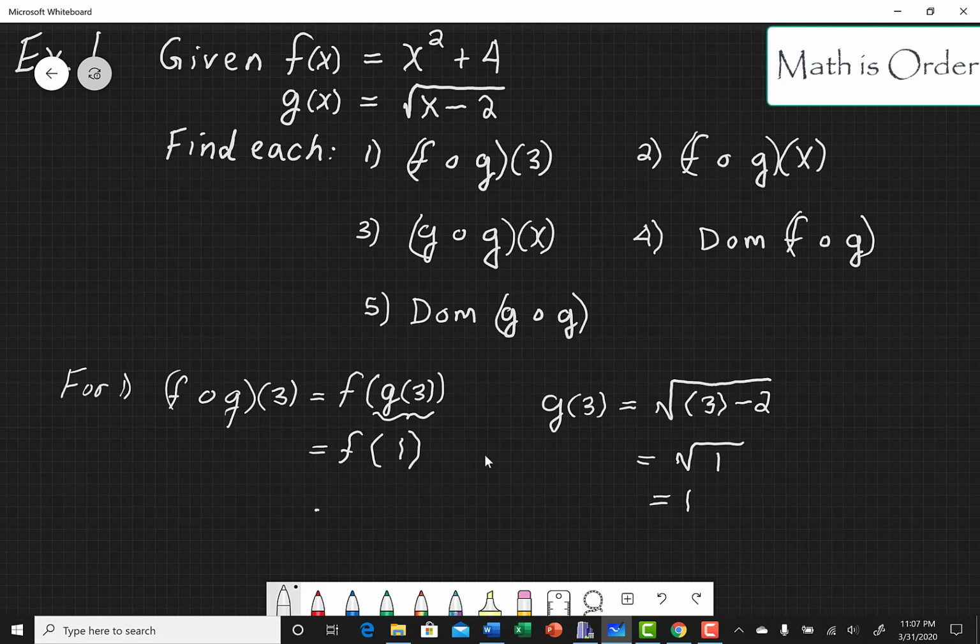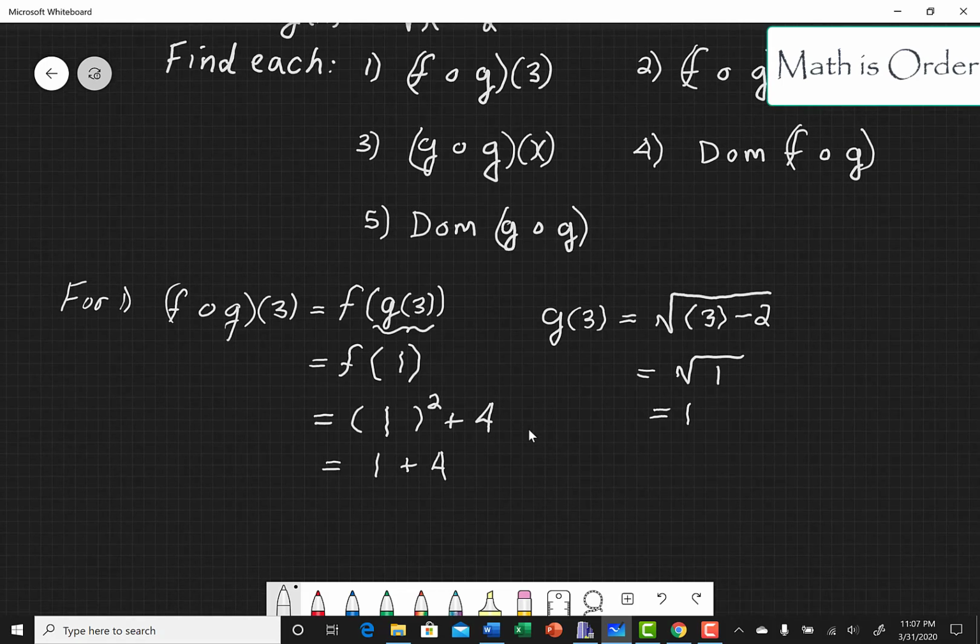So we know that f was something squared plus 4. But instead of that x, we're going to put in the number 1. All right? So we put 1 in for x. Now 1 squared is 1. 1 plus 4 is going to give us 5. And that is our final answer.